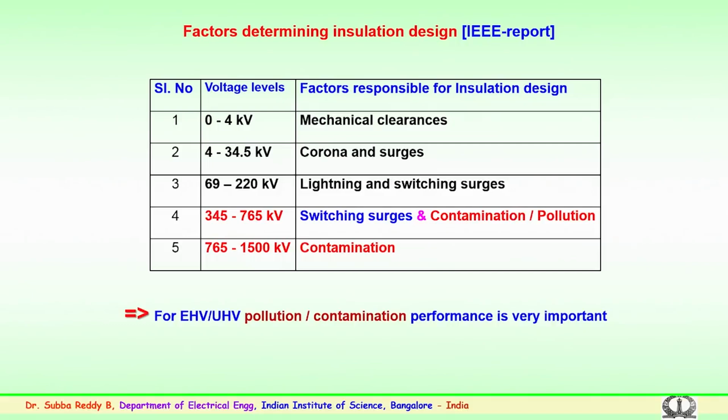This phenomenon, which occurs at normal working voltages and is not due to overvoltages, has to be a very important design criterion, because several lines have been noticed to have tripping or failure at the working voltages, particularly during the monsoon or rainy seasons. So, the design is very important at EHV and UHV level for pollution.